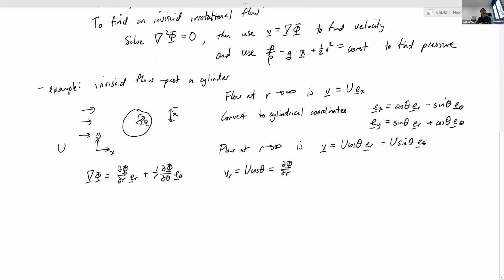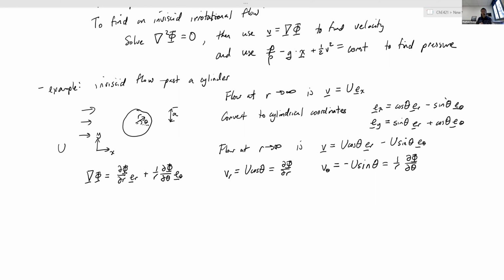Okay, everyone still with me? Likewise, V_theta from over here is equal to minus u sine theta. Okay, and that's equal to 1 over r d phi d theta.